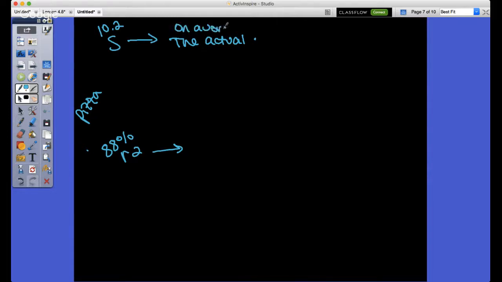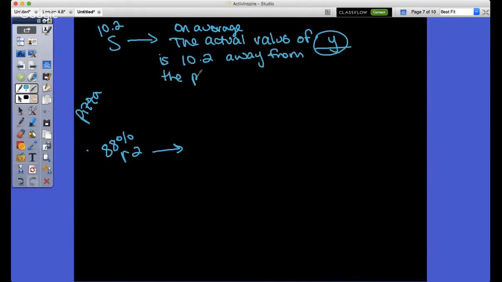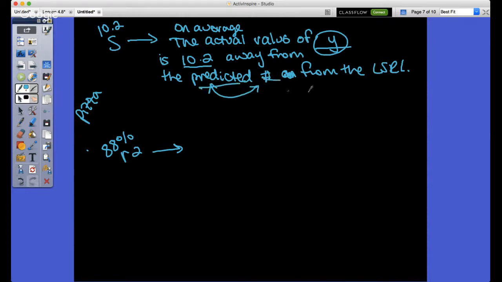I'm going to put: on average, the actual, in context, value of y is 10.2, or whatever the standard deviation is, away from the predicted number from the LSRL. That one takes me a little bit to focus.